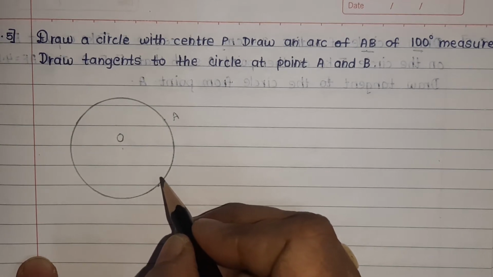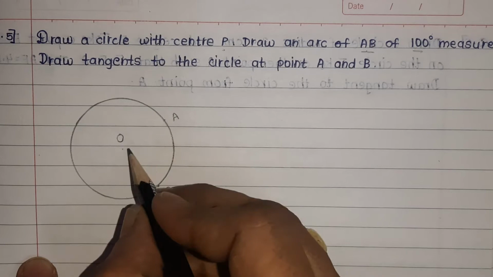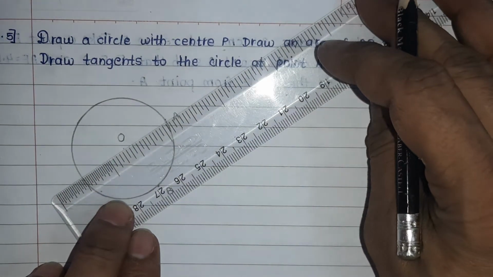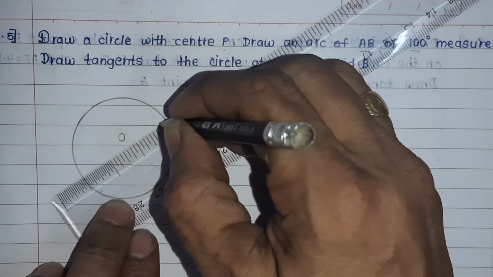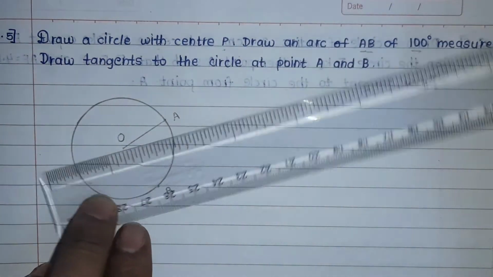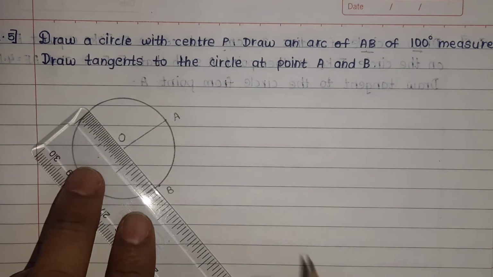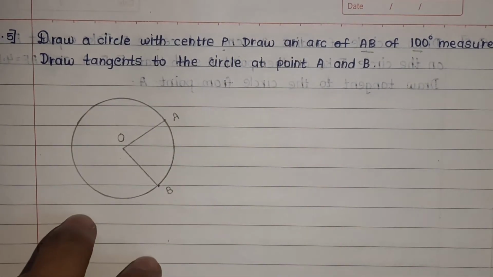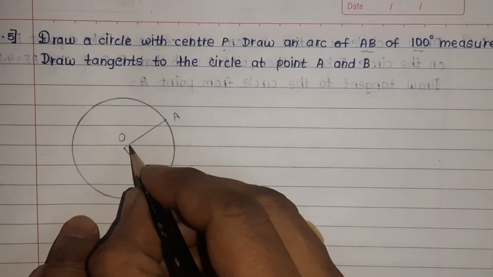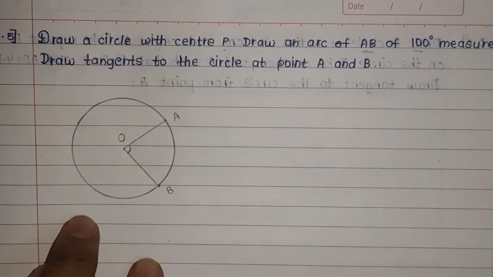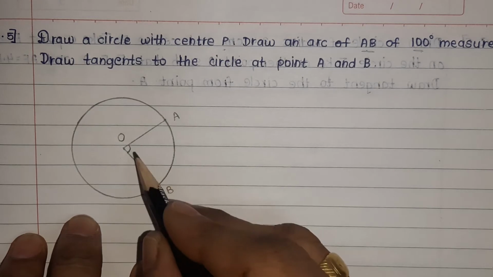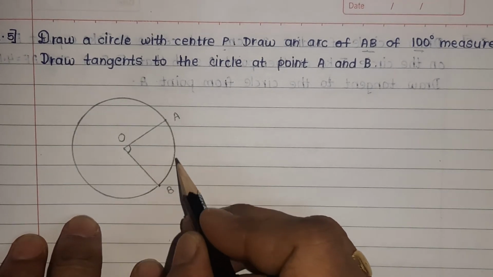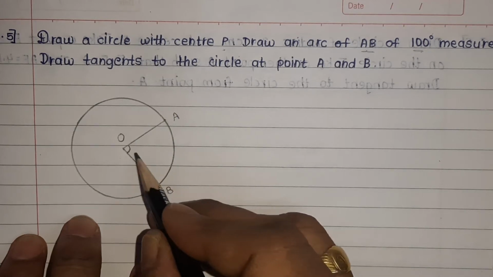Now dear student, all of you know that if I join the center with the end points of this arc, then at the center one angle is formed, and this angle is known as a central angle.